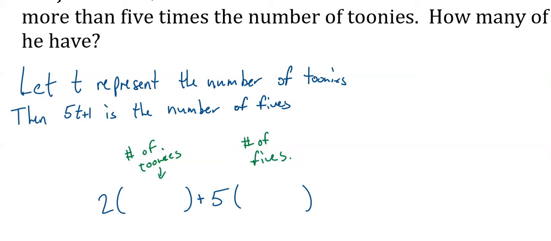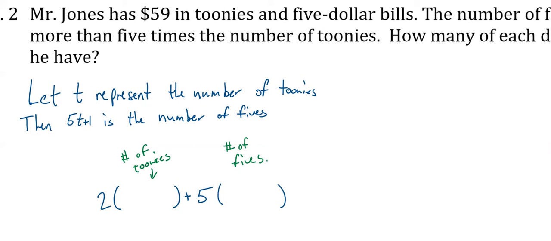The worth of the toonies added to the worth of the 5s all together has to equal, in this case, $59. So everything in this case was in dollars. We didn't have to worry about cents, but you should be aware that that's happening.